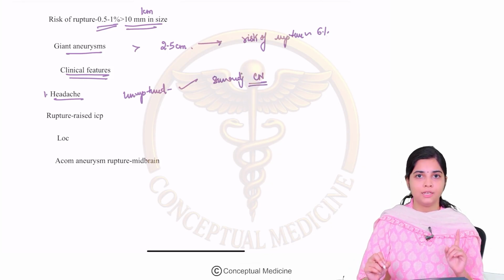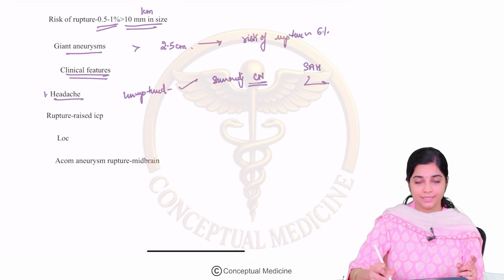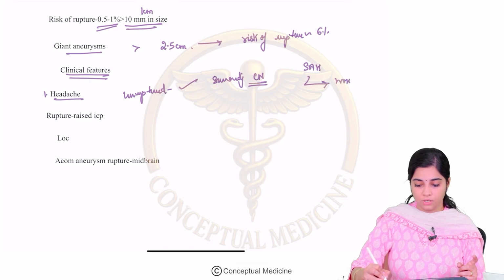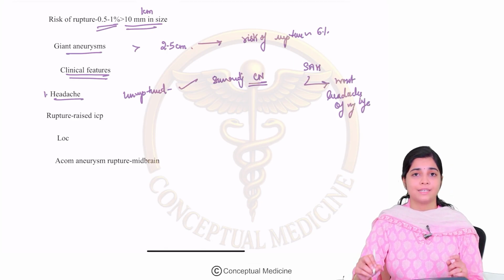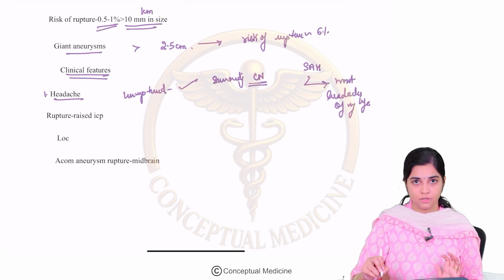In a ruptured aneurysm, you can have a subarachnoid hemorrhage, and this headache is described as the worst headache of my life. Worst headache of my life is the description given to an aneurysmal rupture in a subarachnoid hemorrhage. Okay.